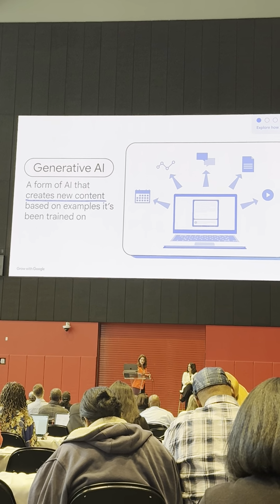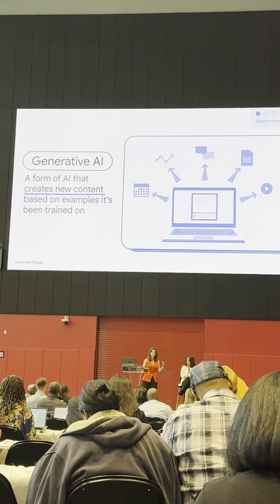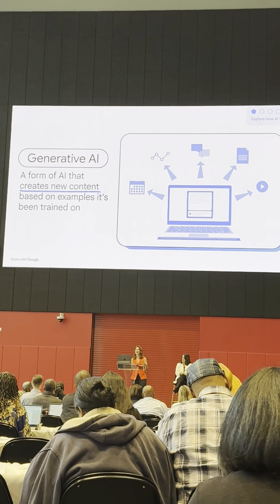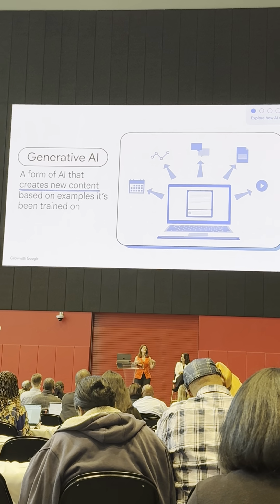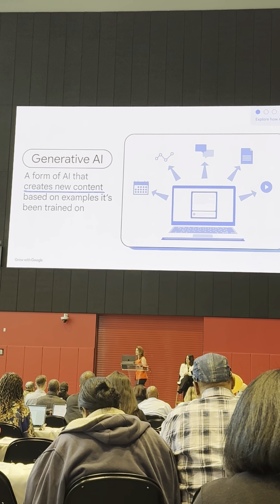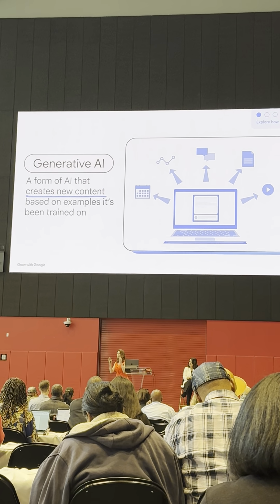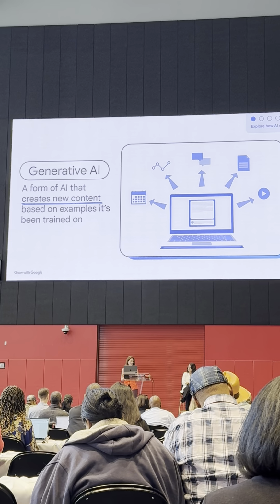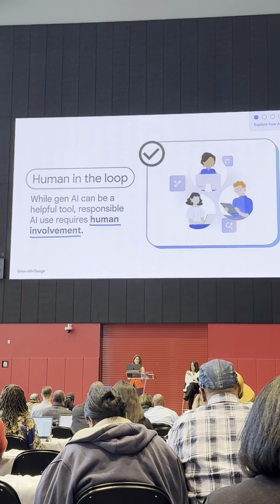And AI is not just text. We're going to focus on text today, but it goes beyond that. Gen AI can create images, video, music, code. It can do all sorts of stuff. And that is the focus of what I'm going to talk about in this workshop, to hopefully help your businesses succeed.